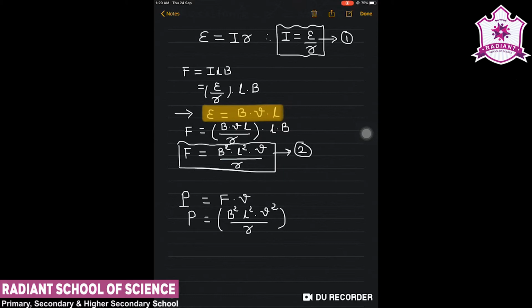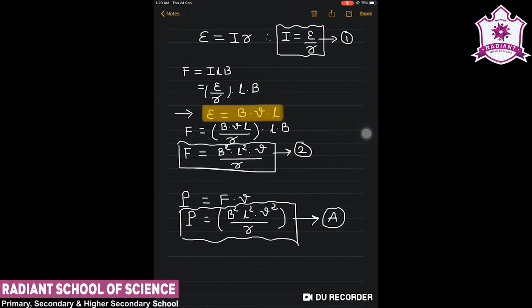So here we have used the equation through which we can get the power as our equation number 3. This force arises due to drift velocity, and overall the power comes out to be B square L square V square over R. Now we want to see where this power is going.